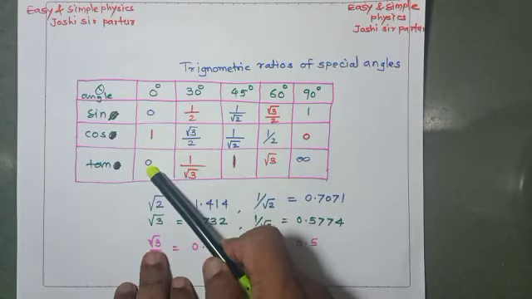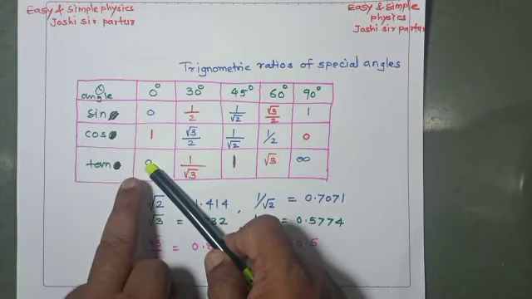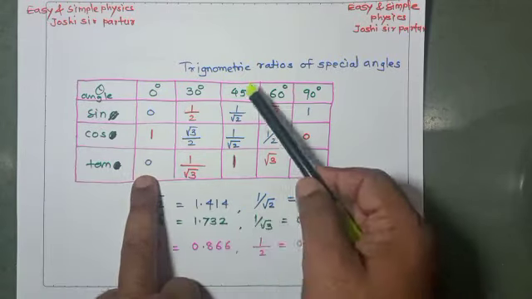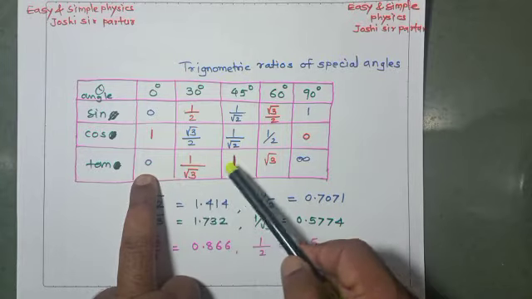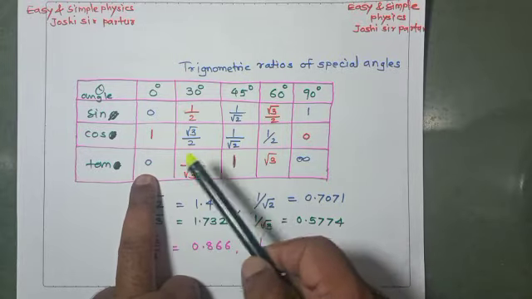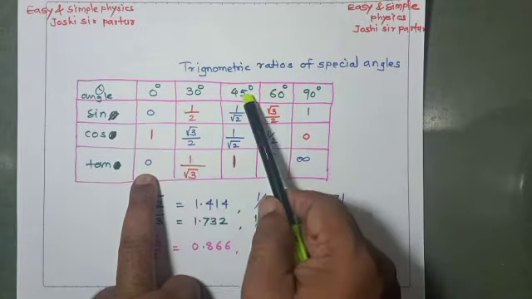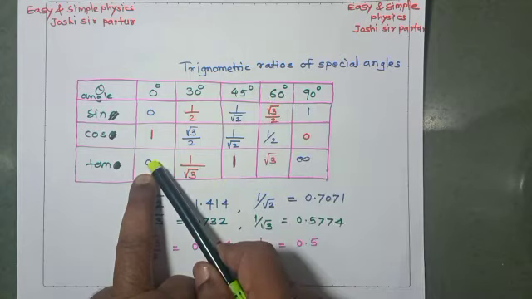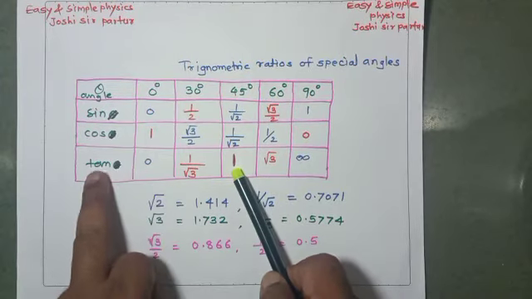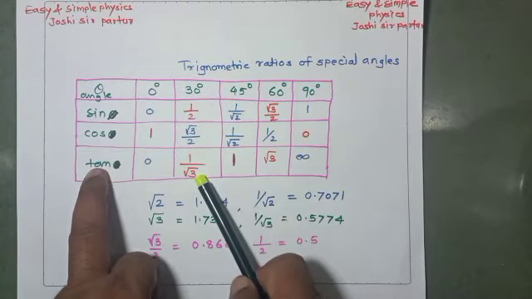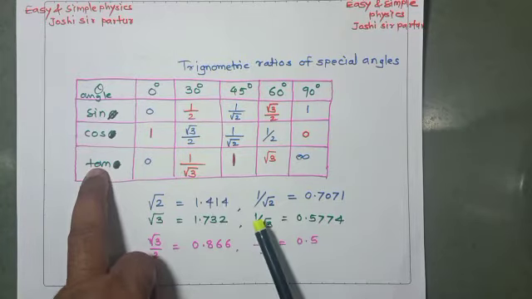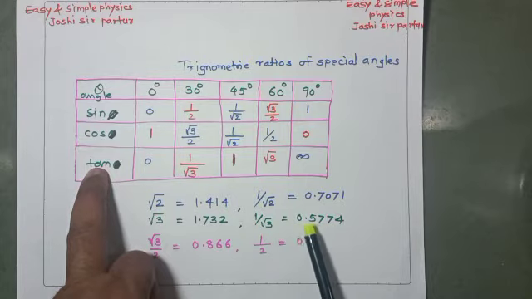Whereas in tan, 0 degree is 0 similar to sine, but here tan 45 degree is 1. Tan 45 degree is 1, means from tan 0 to 45 degree the value goes from 0 to 1. Tan 30 degree has value 1 upon square root of 3, and 1 upon square root of 3 becomes 0.5774.